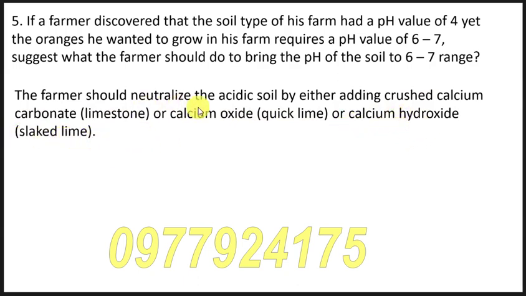When the farmer adds these to the soil, which is acidic because it has a pH value of 4, it can only be neutralized by treating it with calcium carbonate, which is limestone, or calcium oxide, or calcium hydroxide, which are bases that can neutralize the acid, so that it brings the soil pH to somewhere in the 6 to 7 range, so that he or she can be able to grow the oranges on that farm.